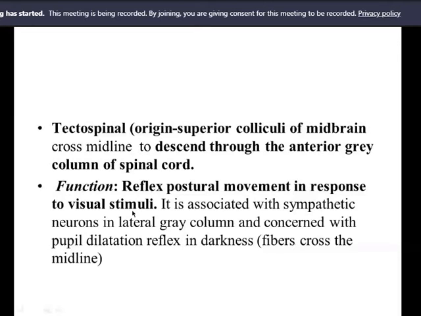If the body is in the wrong position, then the body comes into the right position by the righting reflex through this tectospinal tract, which acts through the visual stimuli.